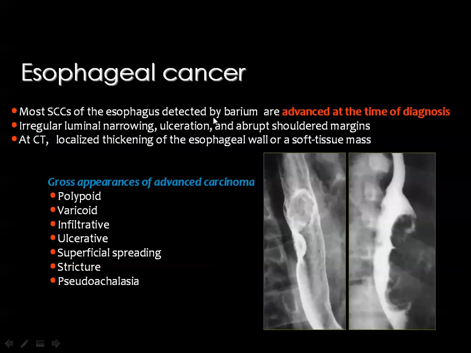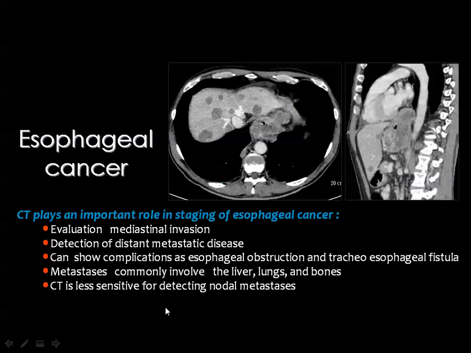The appearances of esophageal cancer on barium esophagography include many types: the bolloid, the varicoid, infiltrative, ulcerative, the submucosal superficial spread, the stricture, or the pseudoachalasia type if it occurs in the distal part of the esophagus. Then the main value of CT in the evaluation of esophageal cancer is to evaluate the invasion of the mediastinum and to detect distant metastases.